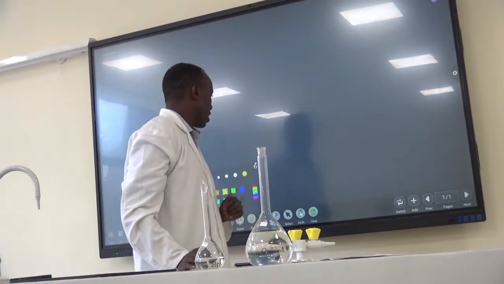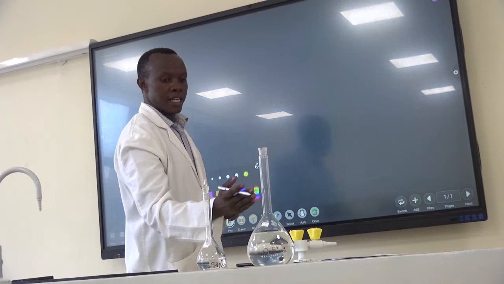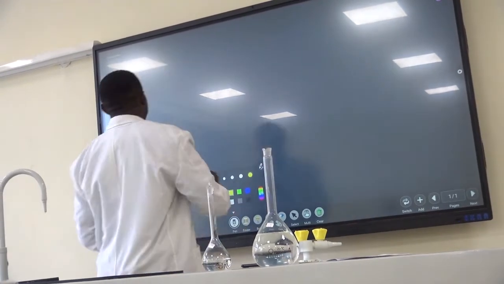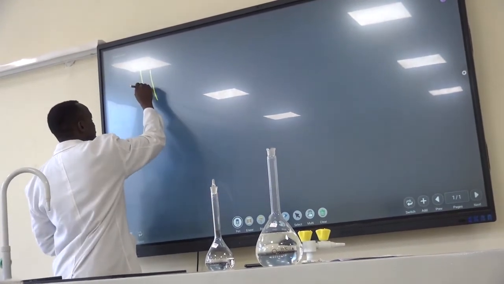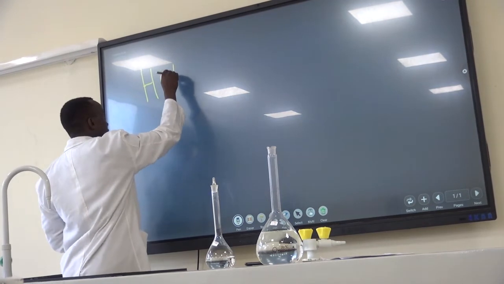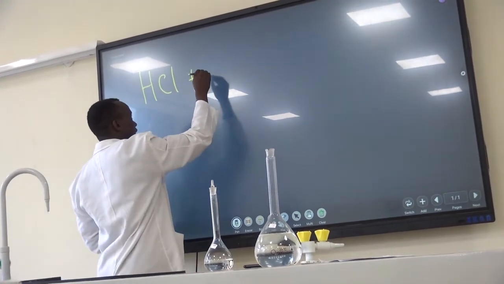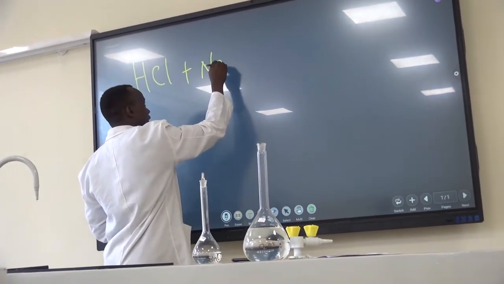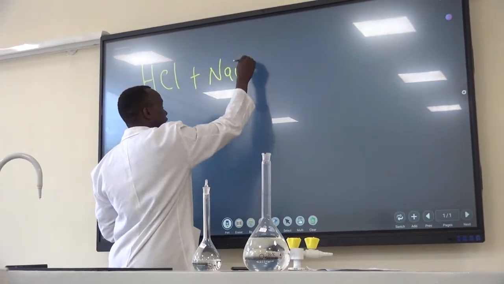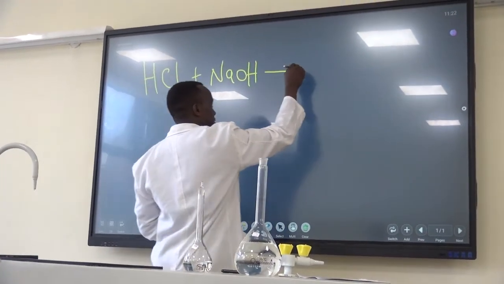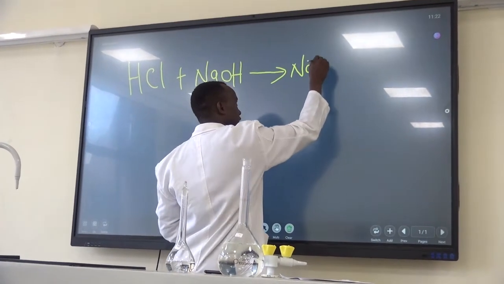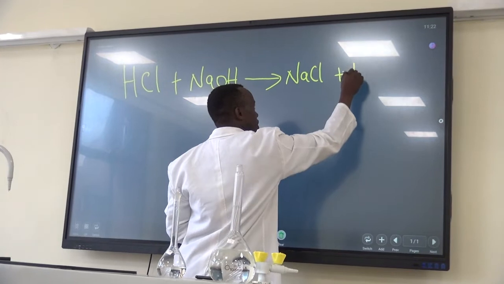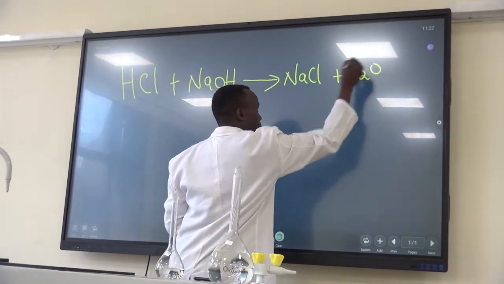And for us to calculate the moles of sodium hydroxide, we first of all need to write the equation. The equation for the reaction that is taking place between HCl and sodium hydroxide is as indicated here. HCl plus sodium hydroxide will give you sodium chloride plus water.